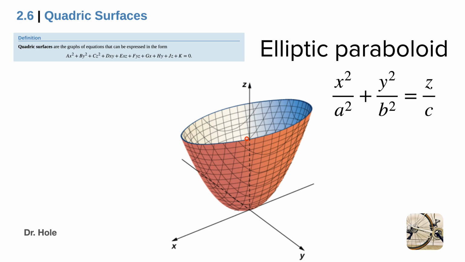So this particular elliptic paraboloid has the z-axis as the axis of symmetry, and the z variable is isolated, appears linear. The z variable is set equal to a sum of quadratic terms. Thus, this z variable cannot be negative, assuming that c is positive.